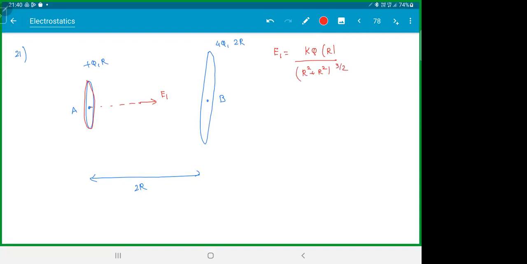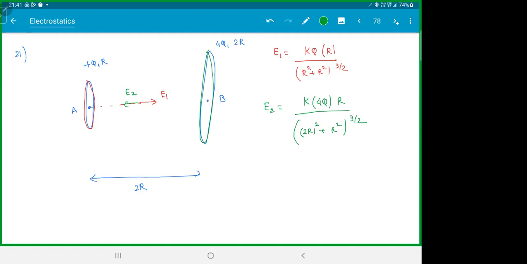That's the formula, K Q X by R square plus this thing. If I take this one to be the green one, this will push this way, E2. So E2 will be K, charge is 4Q, distance is R, by ((2R) whole square plus R square) whole power 3 by 2. Easy? Subtracting will get the answer. Yeah, numbers are bad, but okay.